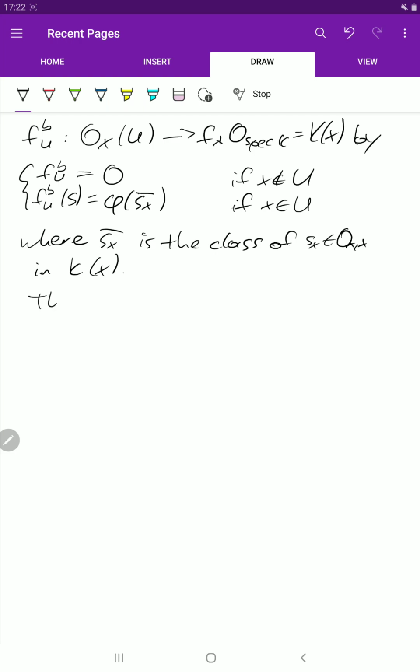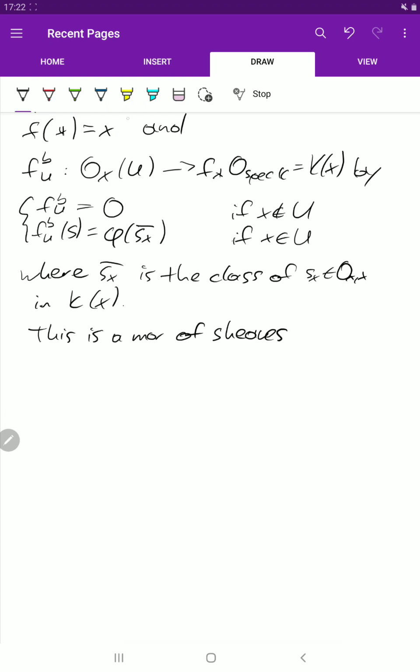And of course we have to check that this is a morphism of sheaves, and it's easy to check, but it's important to have this form here so that we have a skyscraper sheaf on the right hand side. So this is a morphism of sheaves because the right hand side is a skyscraper sheaf at x.